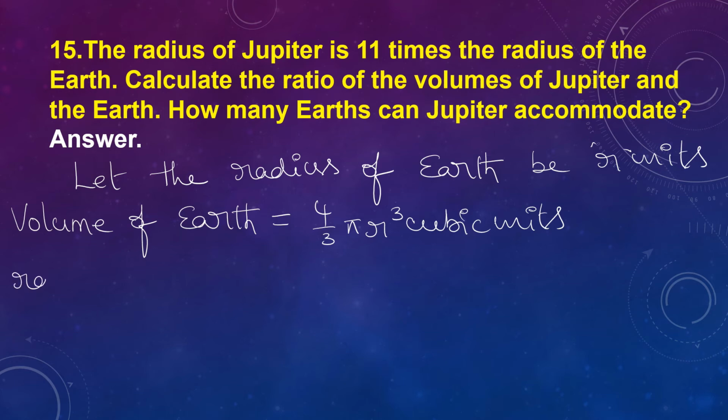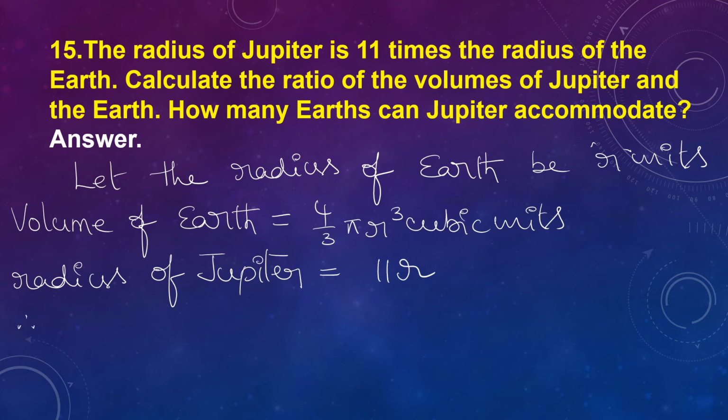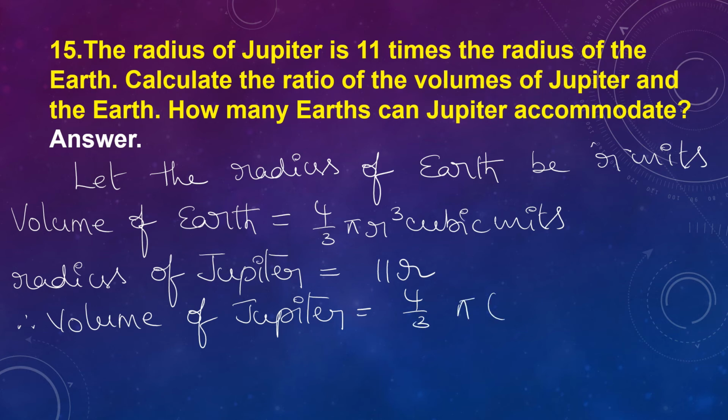So the volume of Jupiter is equal to 4 by 3 pi, and in the place of the radius we substitute 11r, so 11r whole cube, cubic units.